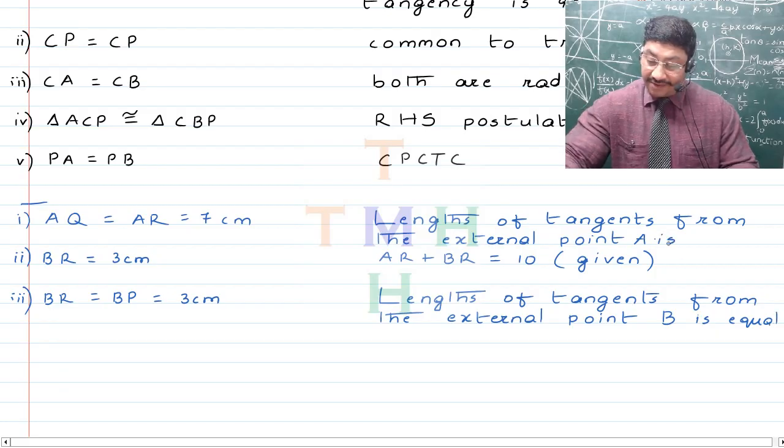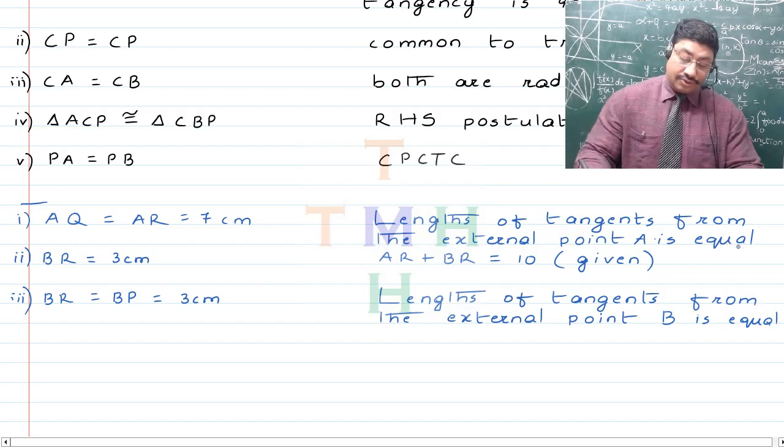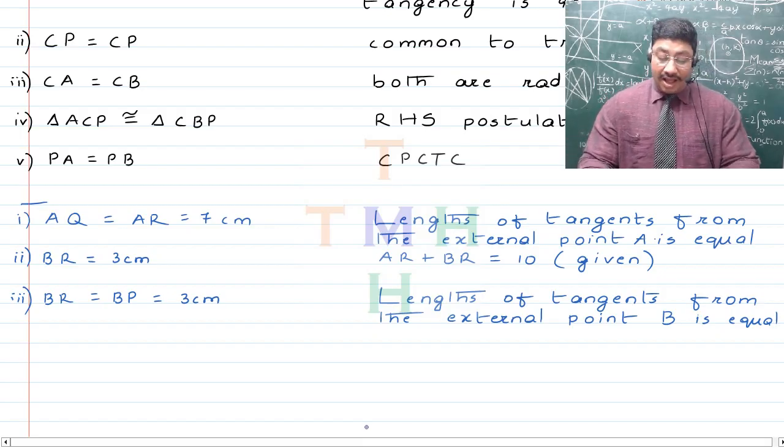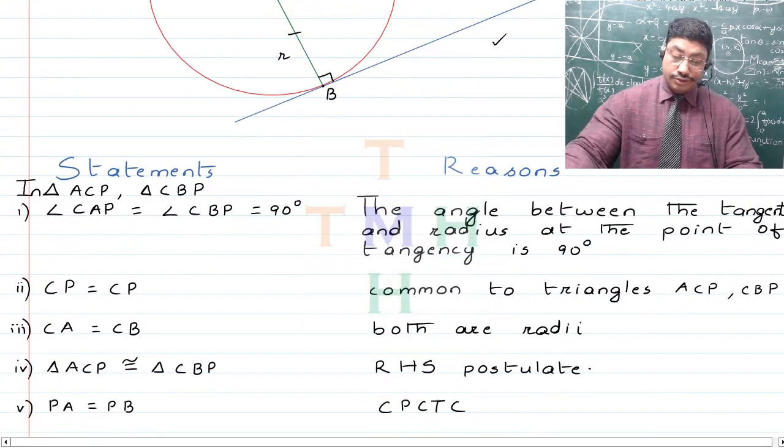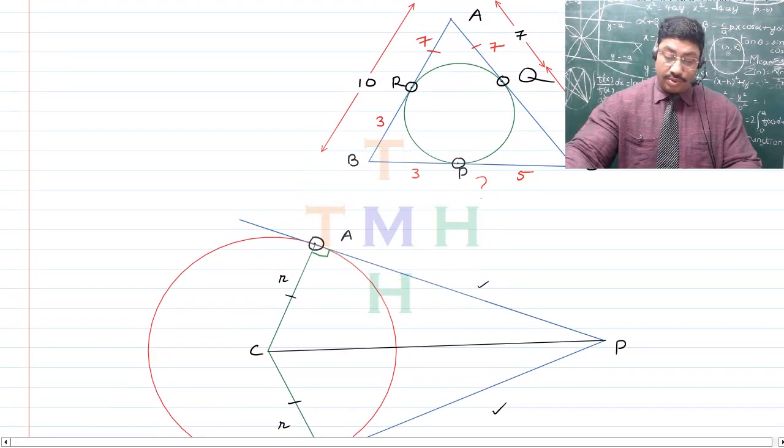Here it was left out to be written "is equal", and that we'll write here. So the lengths of the tangent are equal in both of these cases, and then we'll shift our focus to the next part where now we'll talk about the rest.